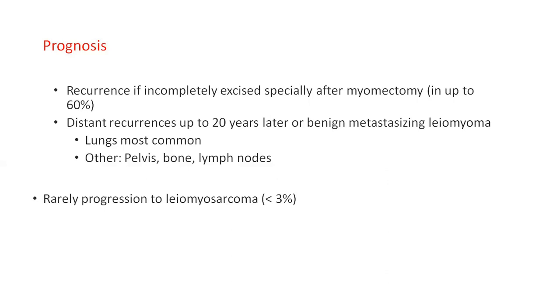It's a bit controversial whether, when we have a distant recurrence in the lung, it can still be called benign, or whether it is metastasizing. So it's controversial what term needs to be used, and sometimes they can progress into leiomyosarcoma as well, but the incidence is less than 3%.